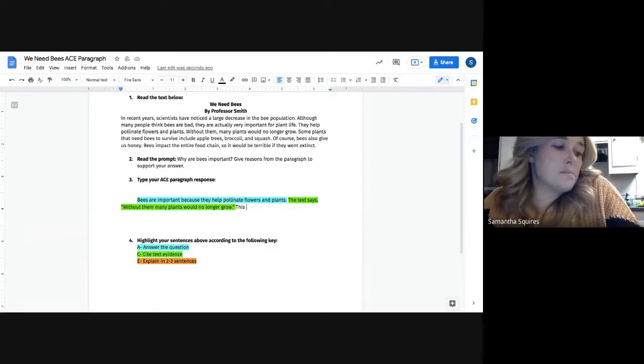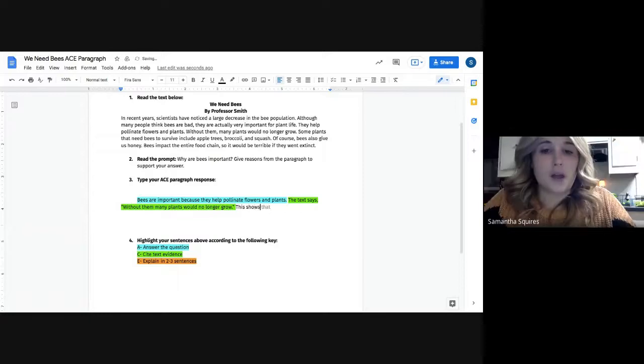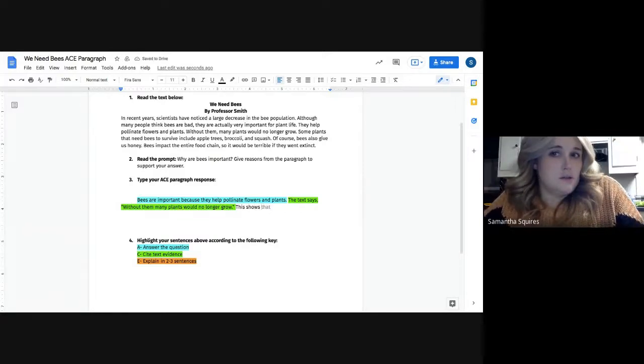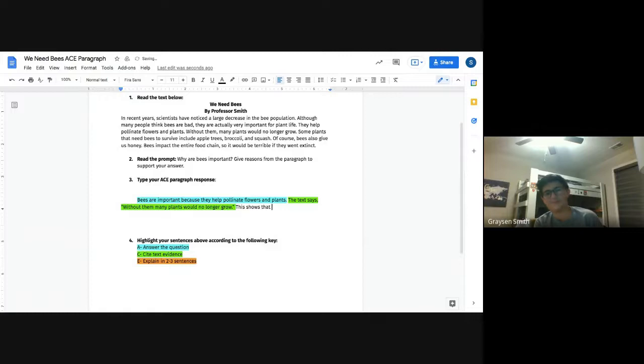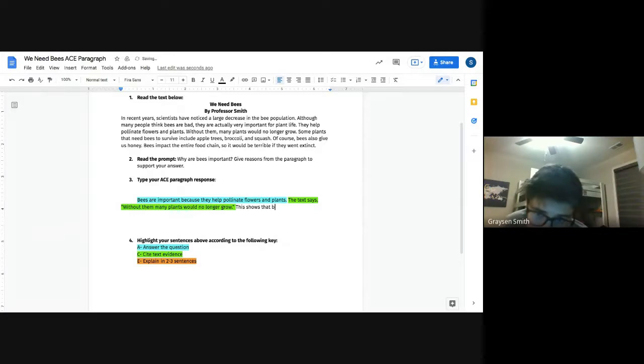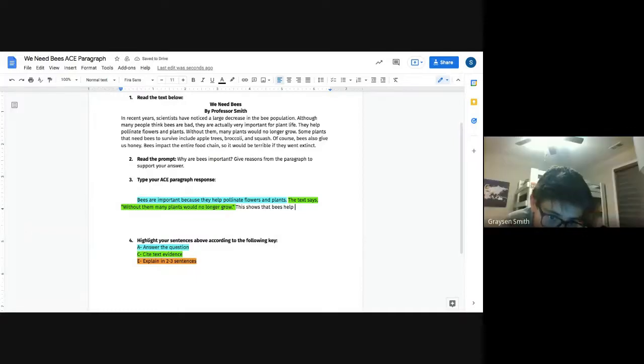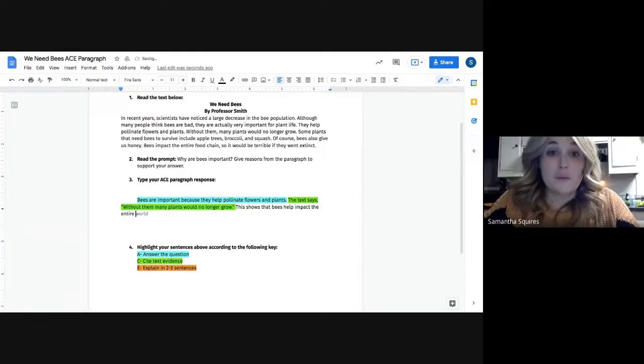Or this makes me think this. This shows that bees help impact the entire food chain. Okay. Yep.